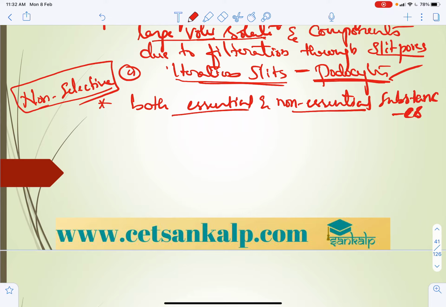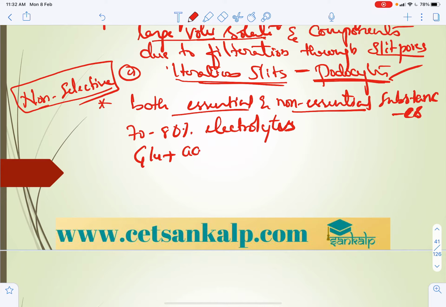This is one question we can expect. Here, 70 to 80% of the electrolytes get filtered, and almost all the glucose and amino acids will be reabsorbed.